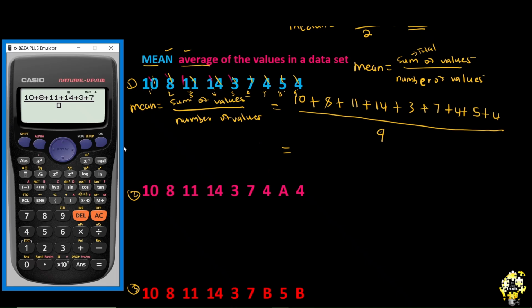Plus 7, on the calculator. Plus 4, on the calculator. Plus 5. Plus 4. Again, I will know that I have all the values in the calculator accounted for because I have cancelled them as I was putting them in the calculator, and you divide by 9. Some of you might first get the sum and then divide it after.